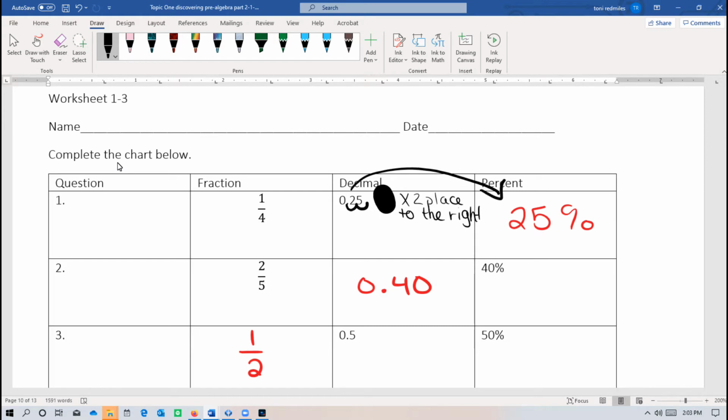And why I do that is because turning a decimal to a percent is multiplying it by 100. So 0.25 times 100 equals 25, which is 25%.